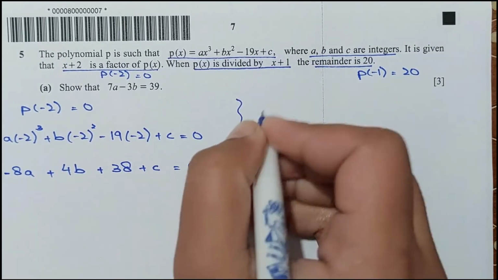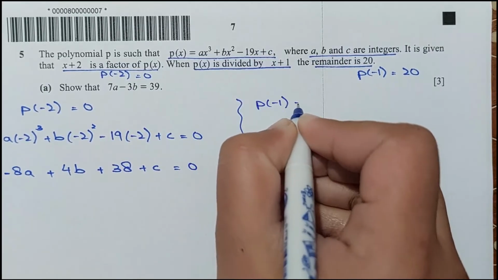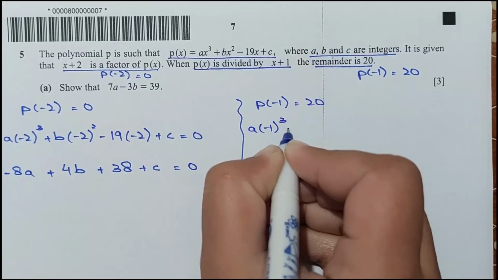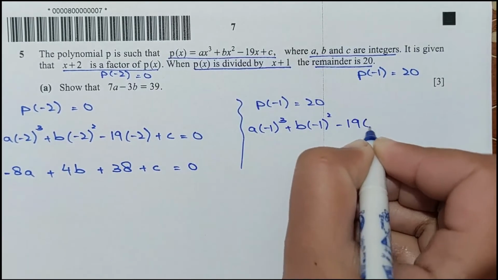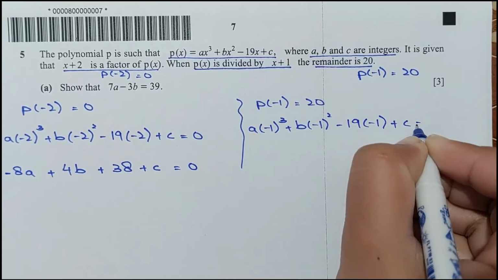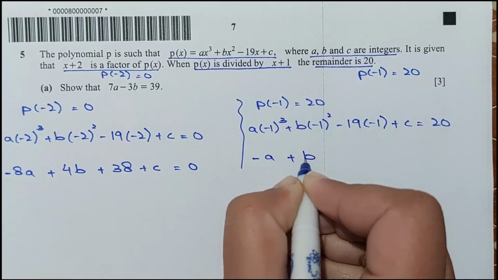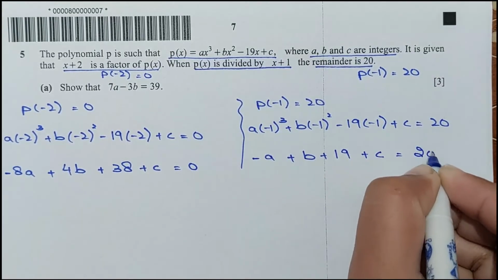Let's see the next one. So we have p of minus 1 should be equal to 20. So a times (minus 1) cubed plus b times (minus 1) squared minus 19 times minus 1 plus c equals 20. So this is minus a plus b plus 19 plus c equals 20.